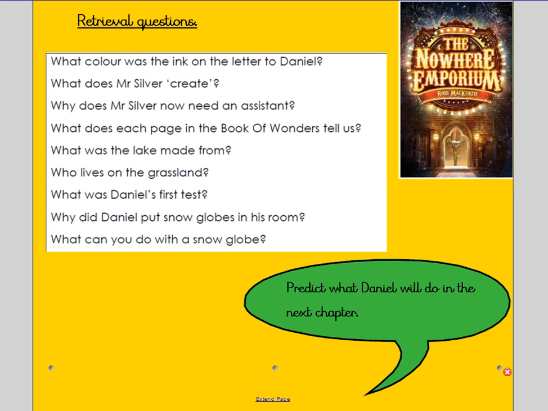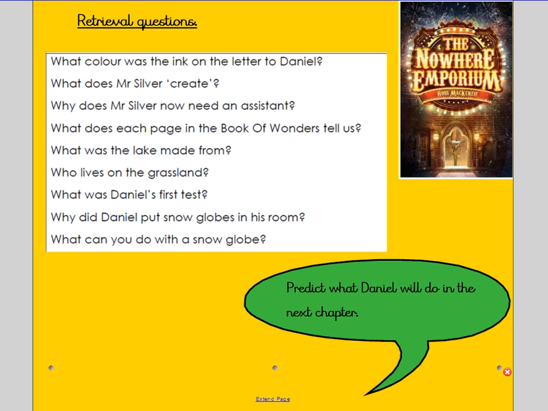Okay, and finally the retrieval questions. What colour was the ink on the letter to Daniel? What does Mr. Silver create? Why does Mr. Silver now need an assistant? What does each page in the Book of Wonders tell us?